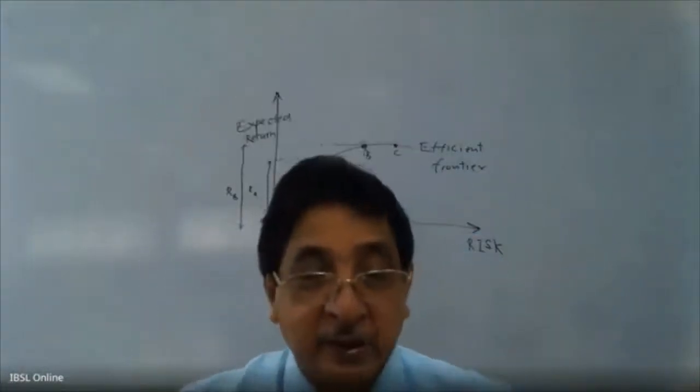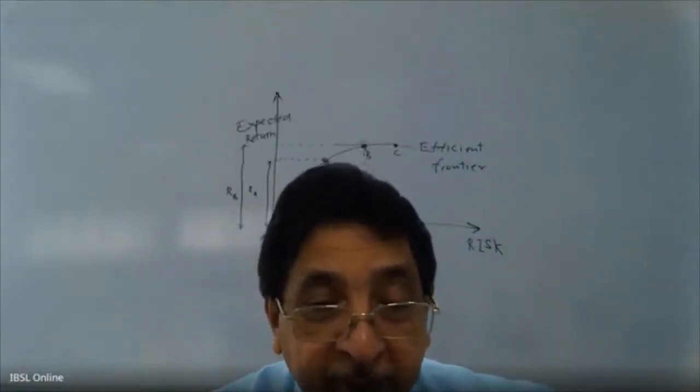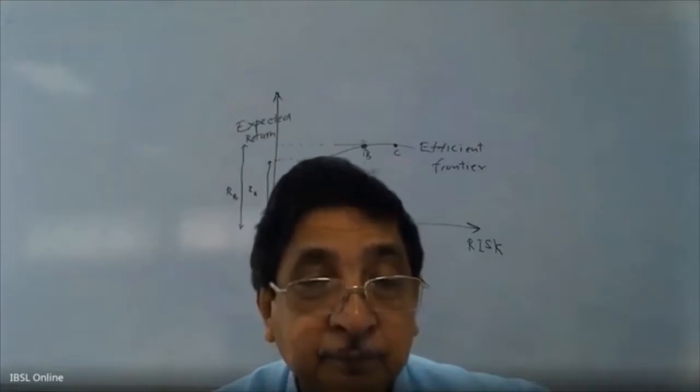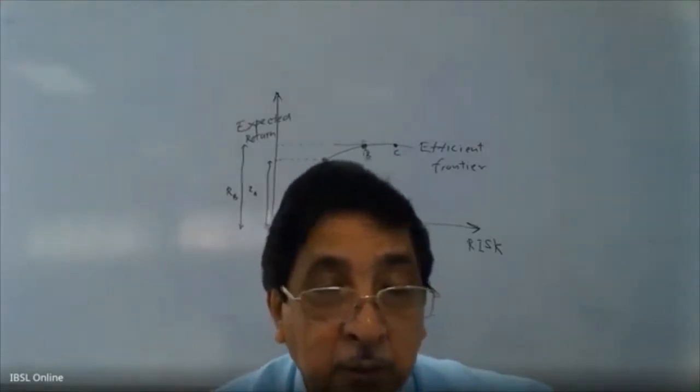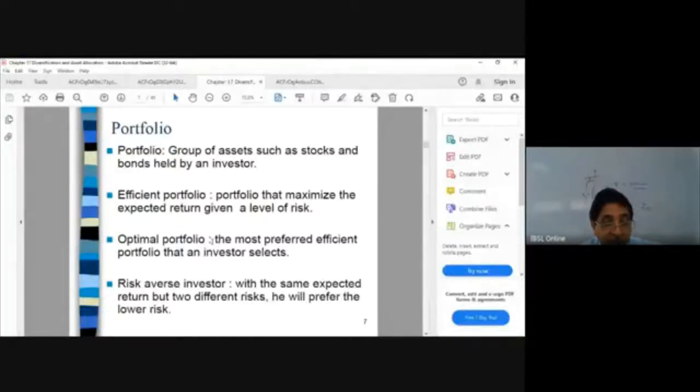Okay. Now we will again go to the presentation. You can just look at this wording. It clearly shows that it is the most preferred efficient portfolio that an investor selects. It's a selection of the investor.